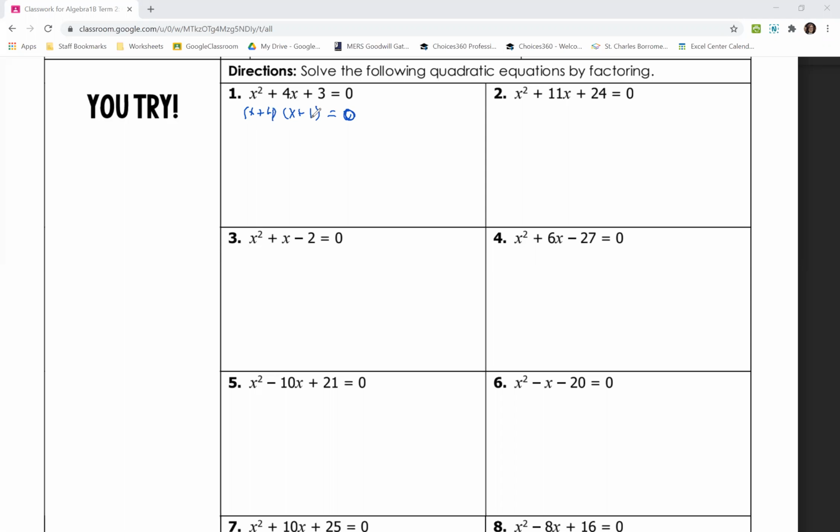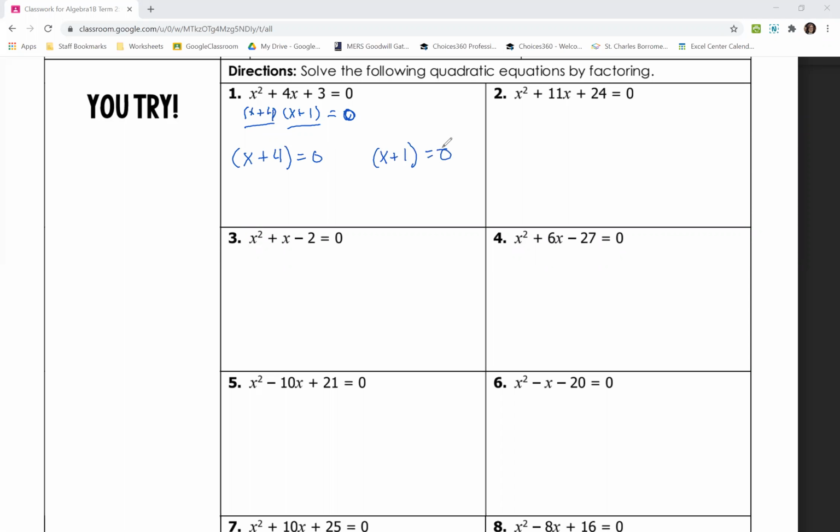Now, this is the part where you can use that zero property of multiplication, where I know if I have a multiplication problem with two things multiplied to equal 0, that this equation will be true if either one equals 0. I know that that has to be true.